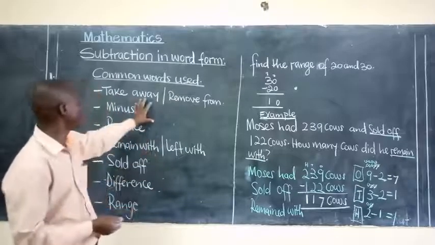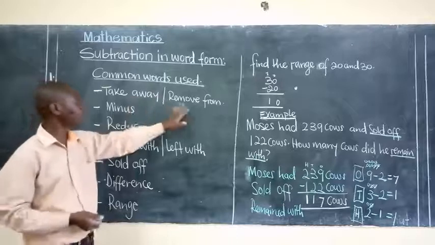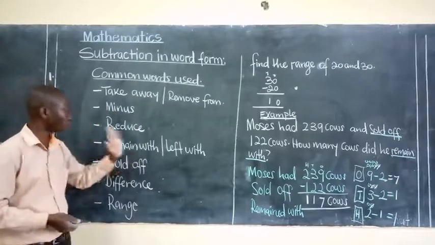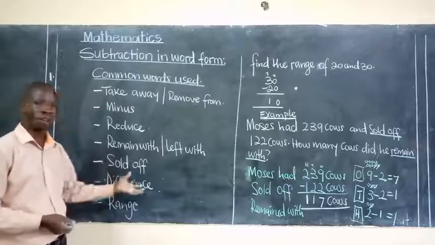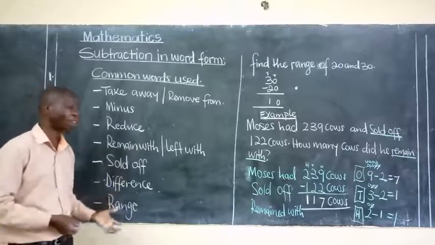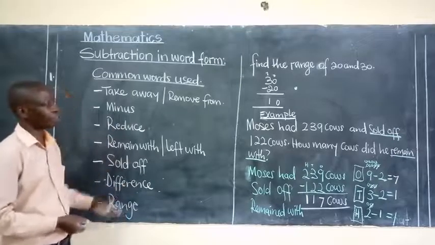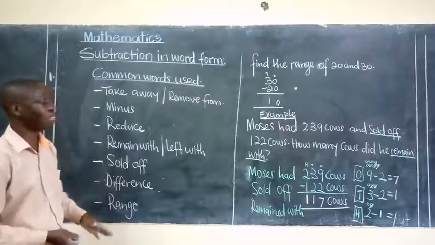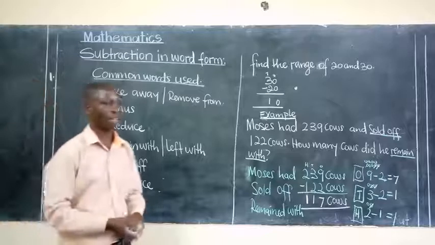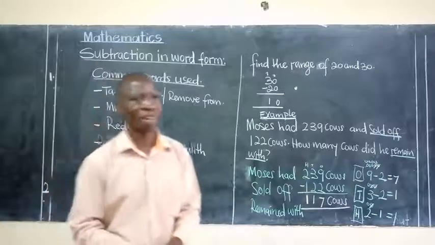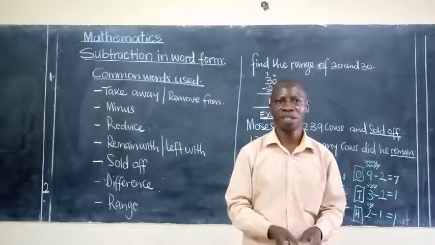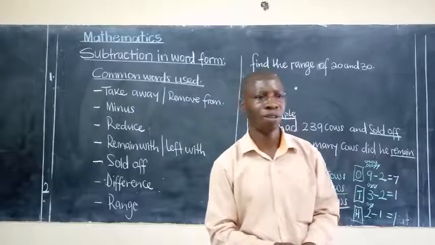Whenever you meet these words, take away, remove from, minus, reduce, remain with, left with, sold off, difference, range, all these ones mean subtract. To get all these answers, you have to subtract. Are we together? So that has been our lesson concerning subtraction in word form. Wait for an activity.